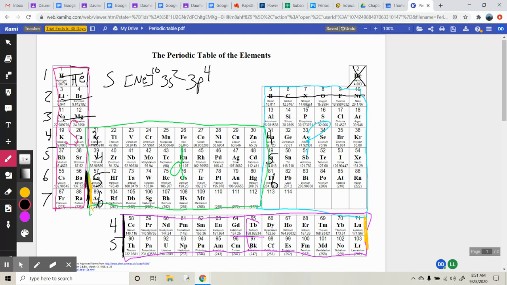And you might be saying, Mr. Dahmer, that's not really a shortcut. But when you get down to these guys, it becomes super helpful. So let's do platinum. Okay, the noble gas configuration for platinum. So what I do is I go up a row, and the noble gas in that row is xenon. So now my new starting point is xenon, warrior princess. Okay, so I'm right here.